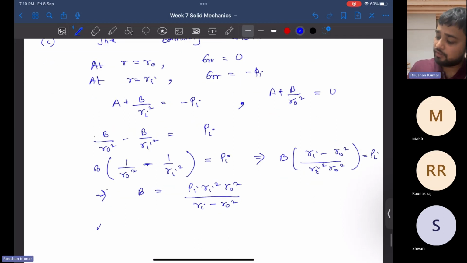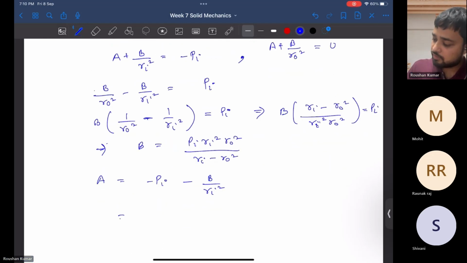And the value of a is minus pi minus b by ri square, that is minus pi minus pi r naught square upon ri square minus r naught square.